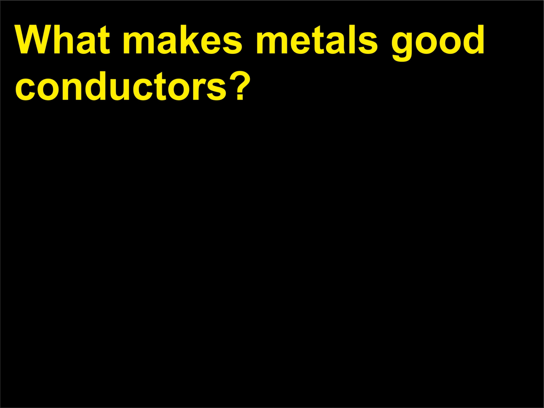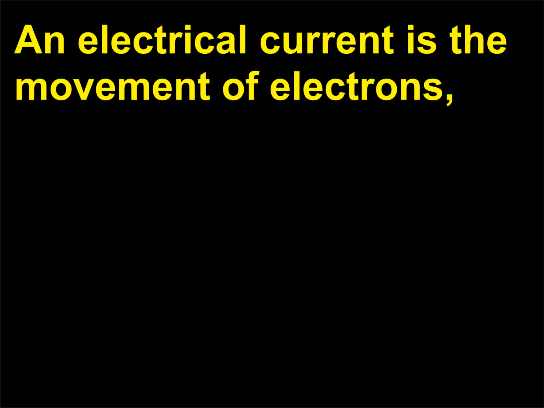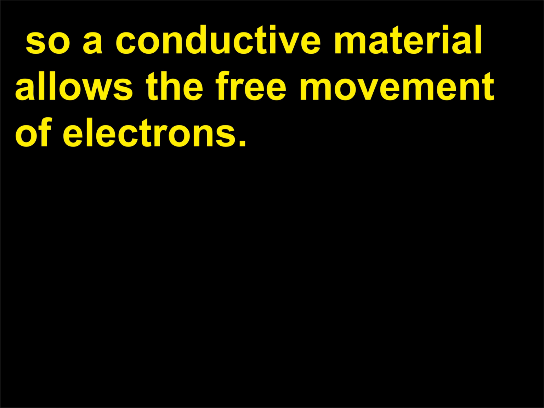What makes metals good conductors? An electrical current is the movement of electrons. So a conductive material allows the free movement of electrons.